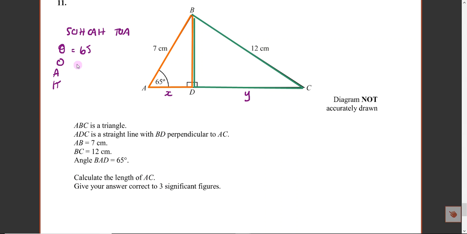Theta is 65. The opposite side we don't know and don't care. The adjacent side is x, and the hypotenuse is 7.